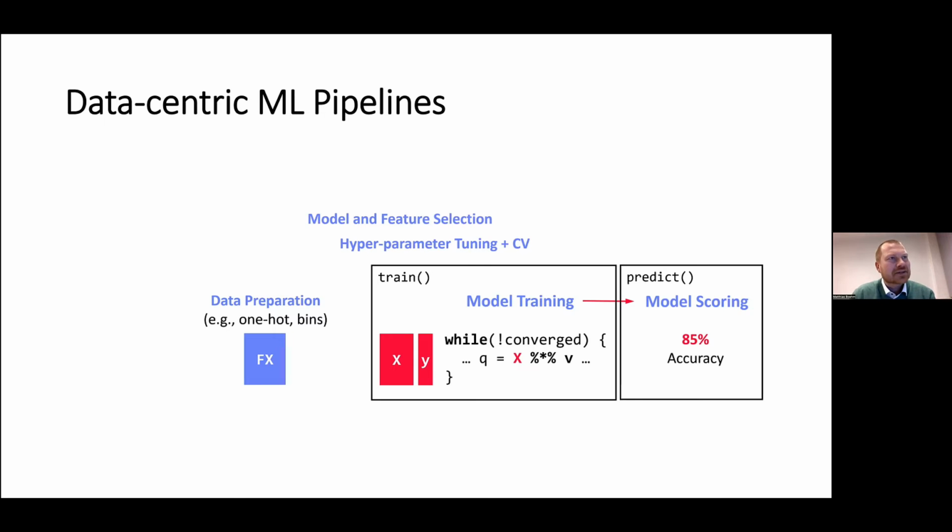Now, data-centric ML pipelines add additional outer loops to those pipelines, essentially dealing with data integration, cleaning, but also data programming and data augmentation. So how can we take a small labeled training data set and synthetically generate additional examples in order to provide a better coverage over the entire data space?